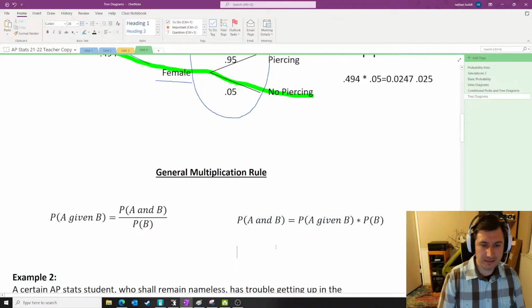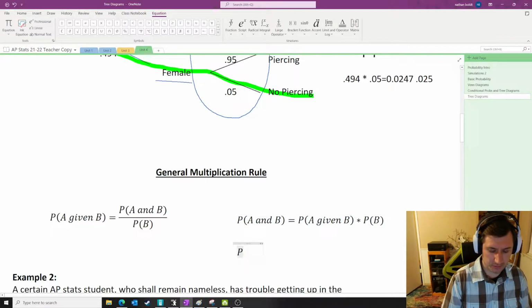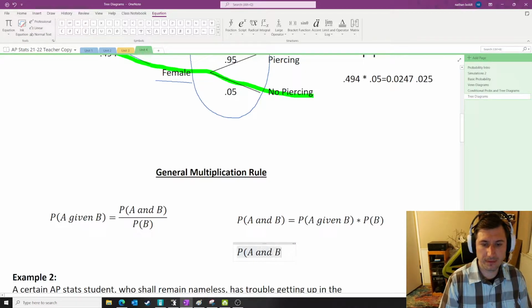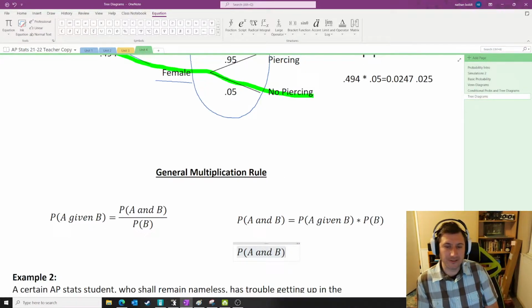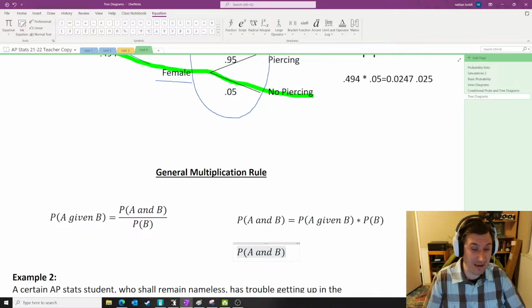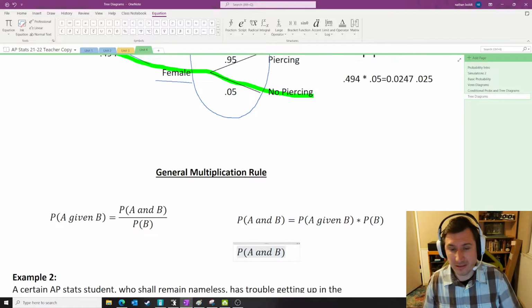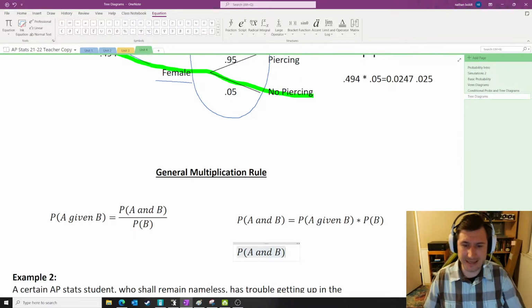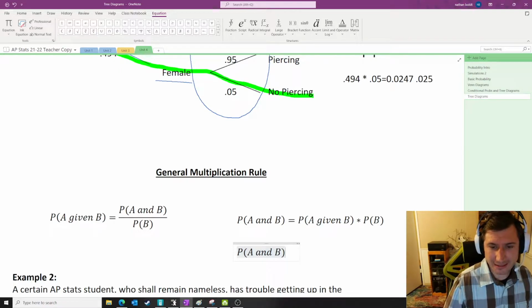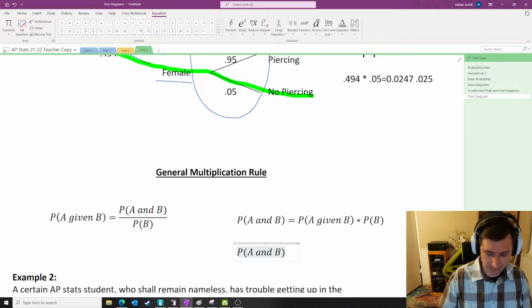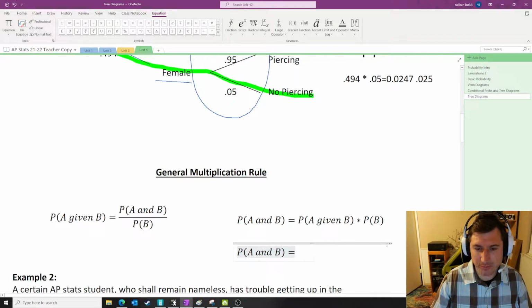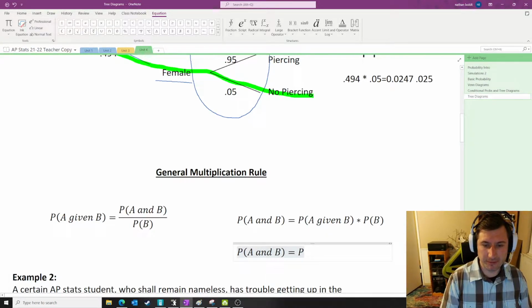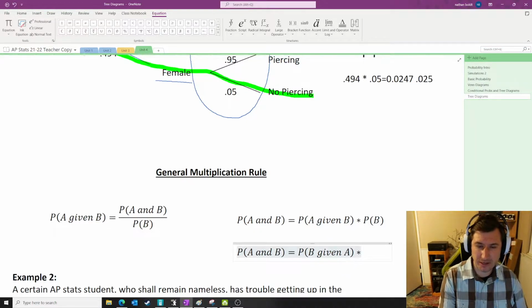Now, because of the A and B part on the left, the order doesn't really matter. The probability of A and B is the same thing as the probability of B and A. We can switch these, and you can do this in both directions, is equal to the probability of B given A times the probability of A. Here the denominator has to match.